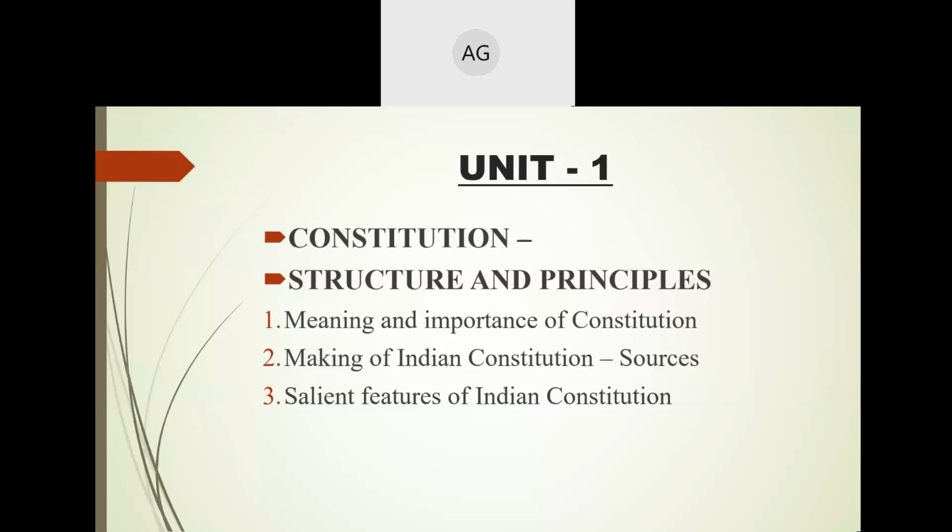Okay, so here we are going to understand how the Indian Constitution was framed, how it was formulated, and what the different sources of the Indian Constitution were. And the last part speaks about the salient features of the Indian Constitution. We are going to study the salient features in detail. There are about 18 to 20 points.